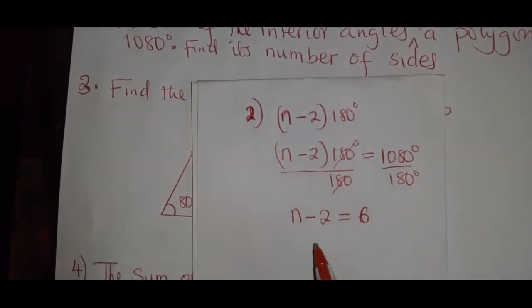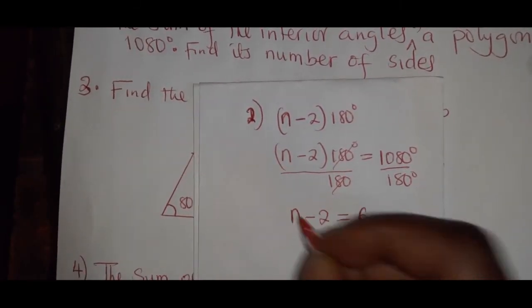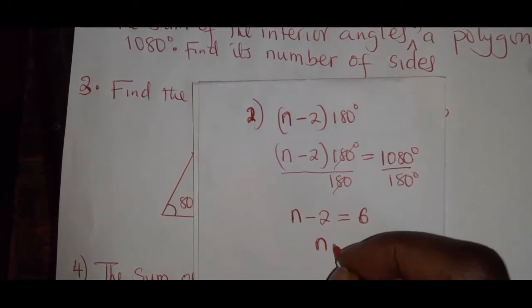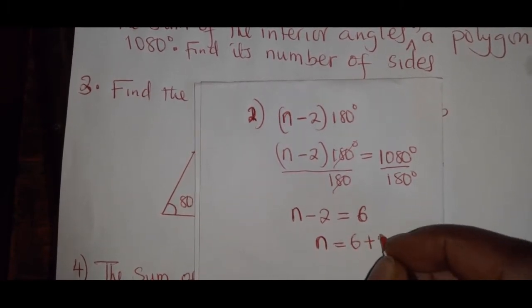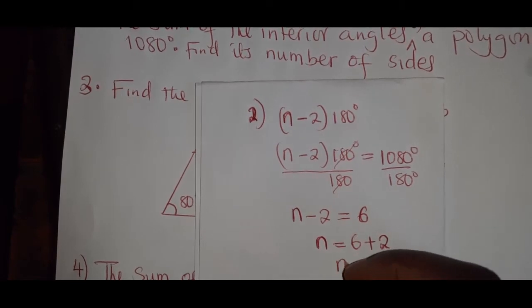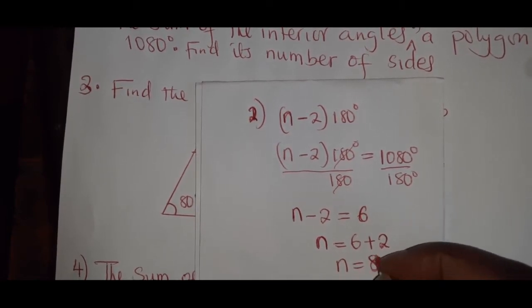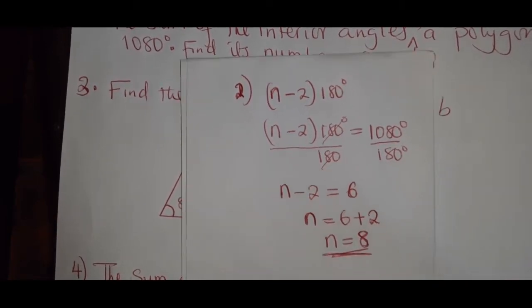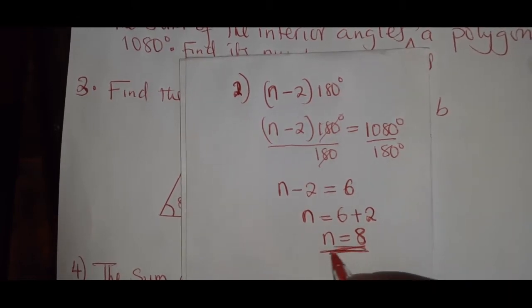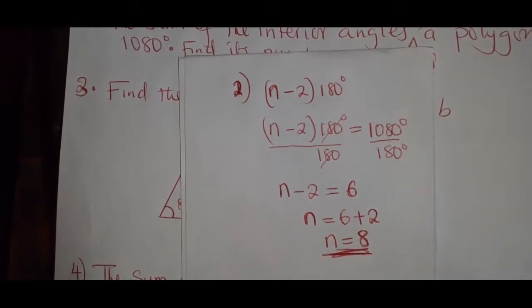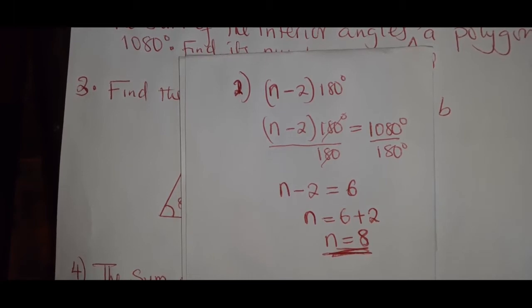Now remember, we want to find this n. n is equal to 6 plus 2. So the number of sides is 8. Okay? So we are done with this question.